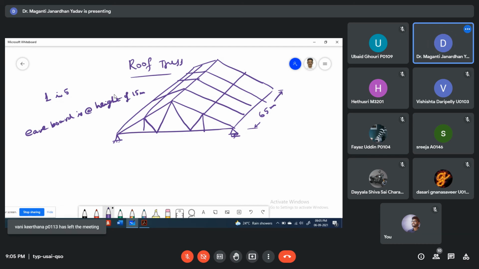Determine the design wind pressure. Spacing of truss is 5 meters.